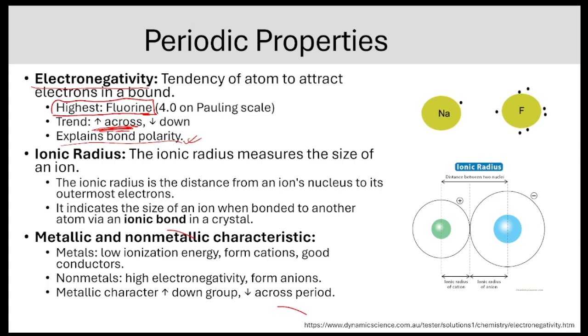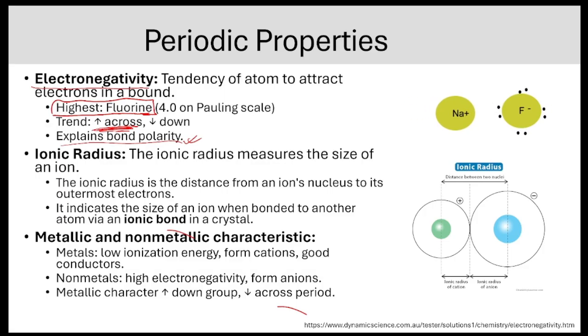Positive ions are called cations, and cations are always smaller than the neutral atoms, because they have lost their outermost shell of electrons.